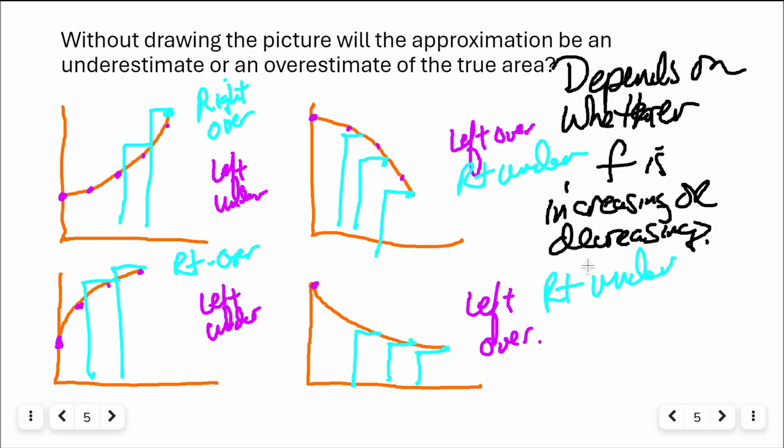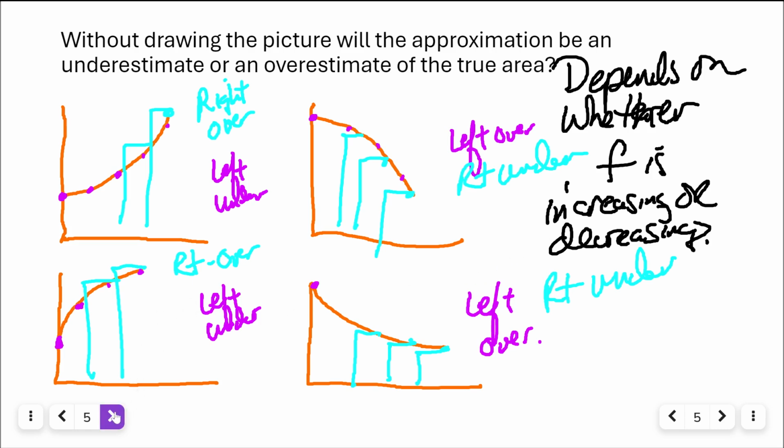When F is increasing, it doesn't matter if it's concave up or concave down. If it's increasing, the lefts are under and the rights are over. When it's decreasing, the lefts are over and the rights are under. Okay? That's what makes the difference. That's what the determination is.